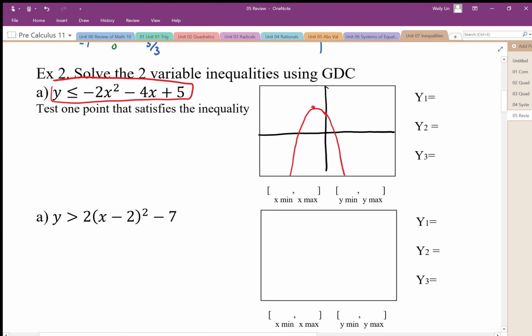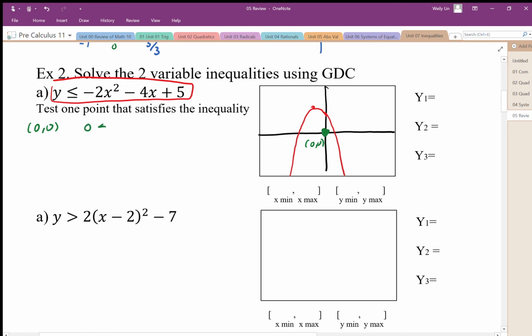The vertex is going to be around here. Now, since it's a two variable inequality, I am not looking at the intercepts as my boundary. I'm looking at the line as my boundary. It says test a point that satisfies the inequality. Well, 0, 0 is a nice point to test, and I need to test both the x and y.